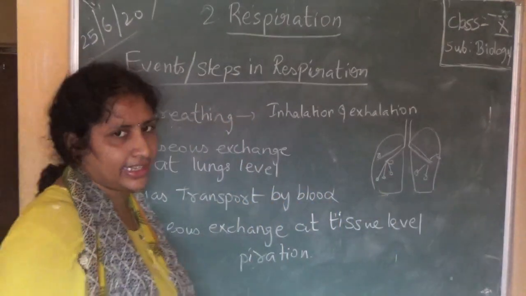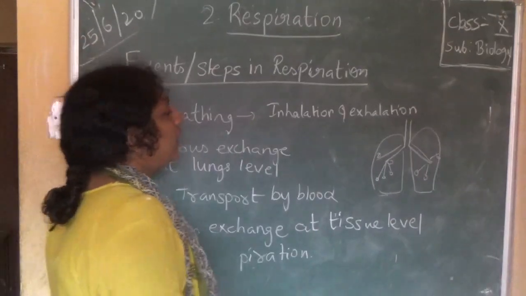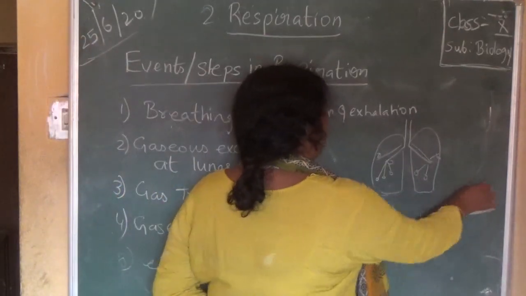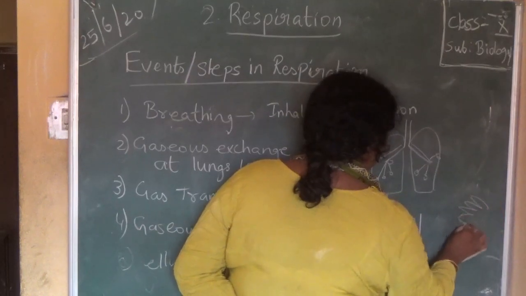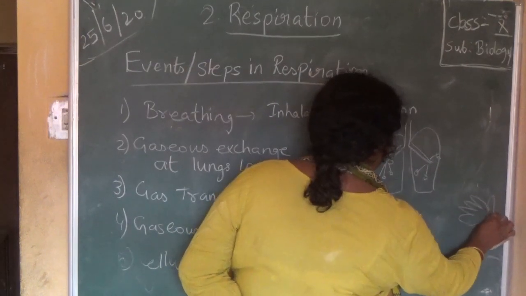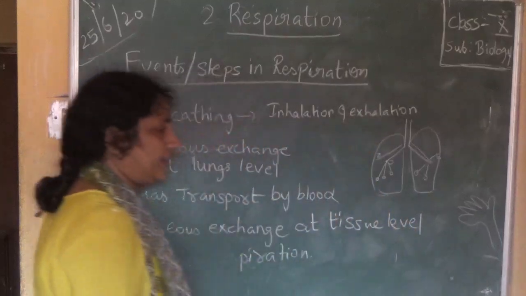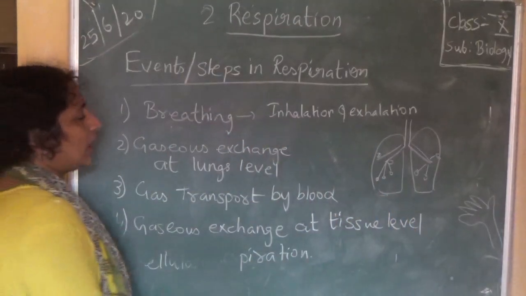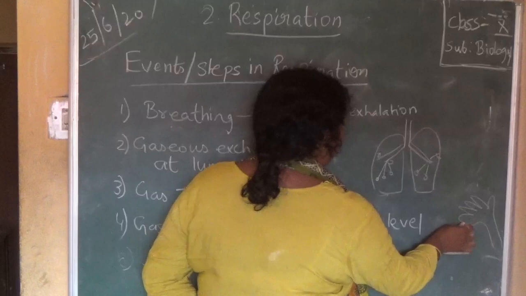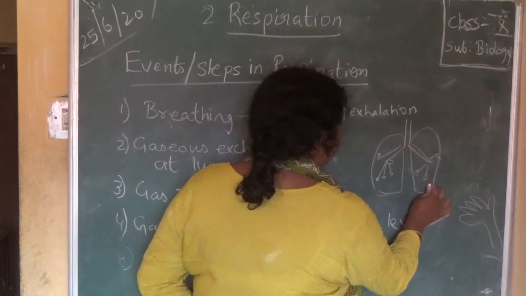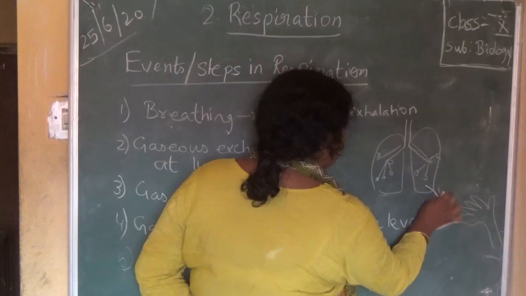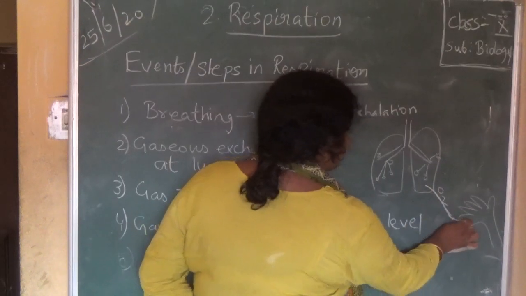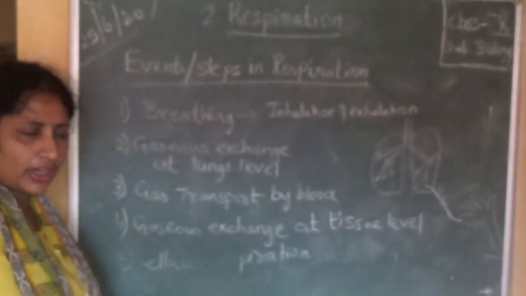Okay, it's a rough diagram. So now suppose this is your hand. Okay, this is your hand. Now the blood from lungs is carrying oxygen. Blood is carrying oxygen to a hand.